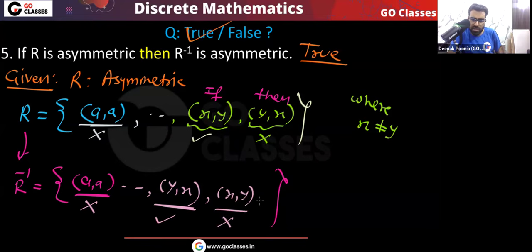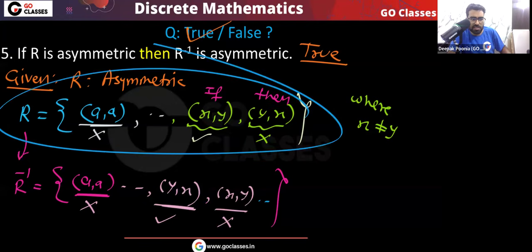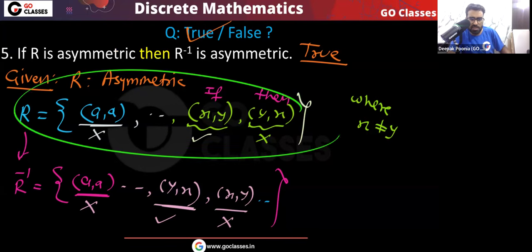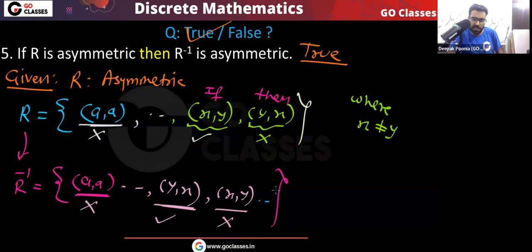So I hope you are getting the point. Just see the structure of R, because R is asymmetric, this is how the relation R will look. Then this is how the relation R inverse will look. And you can easily see that if relation R is asymmetric, then relation R inverse is also asymmetric.